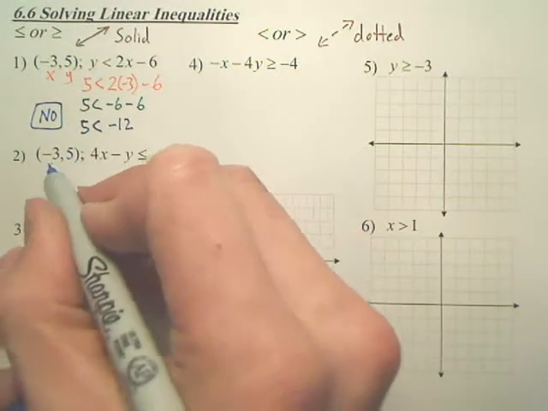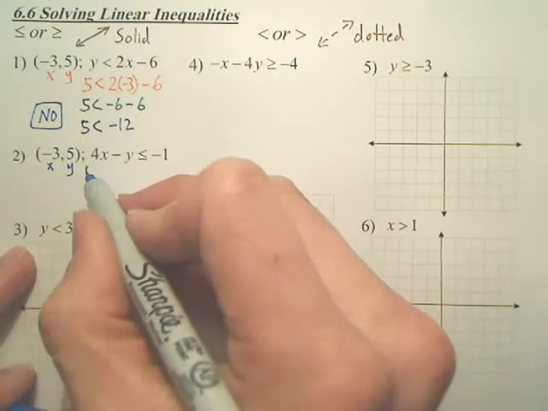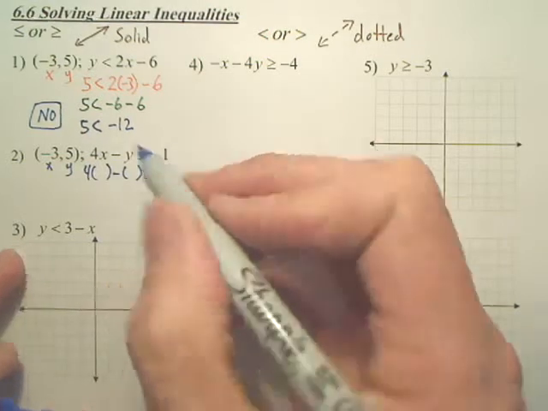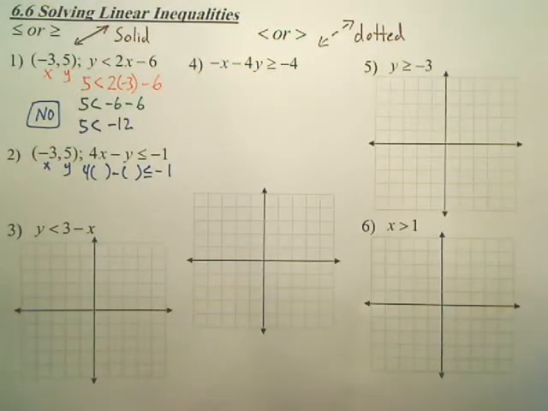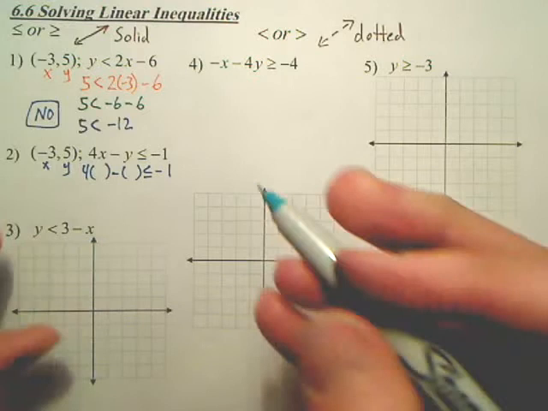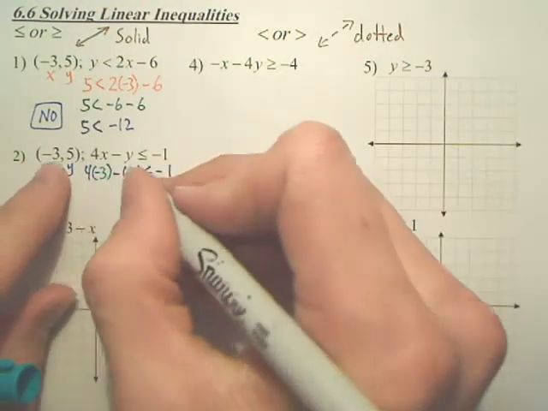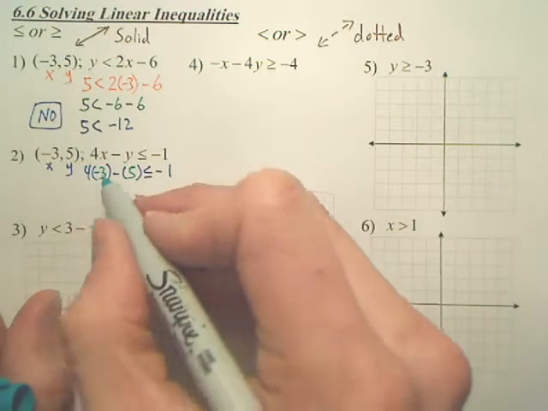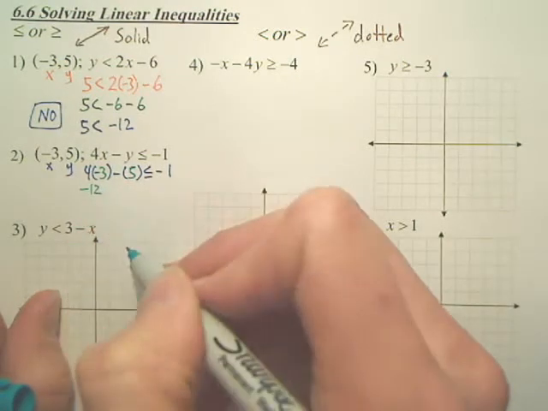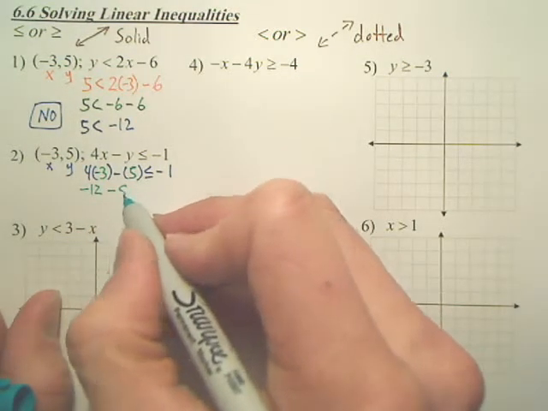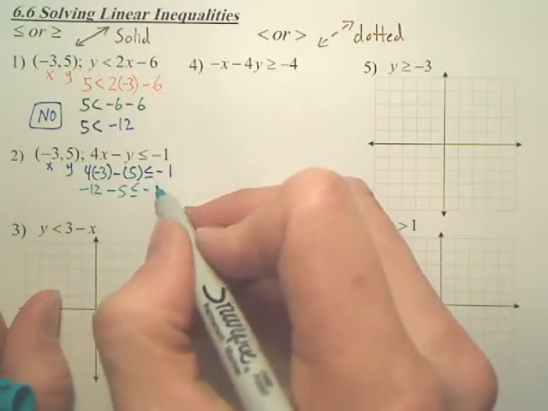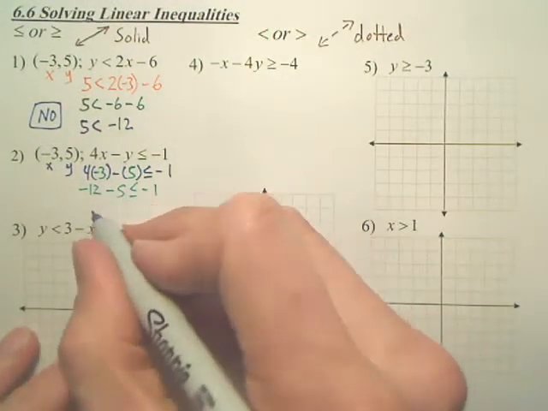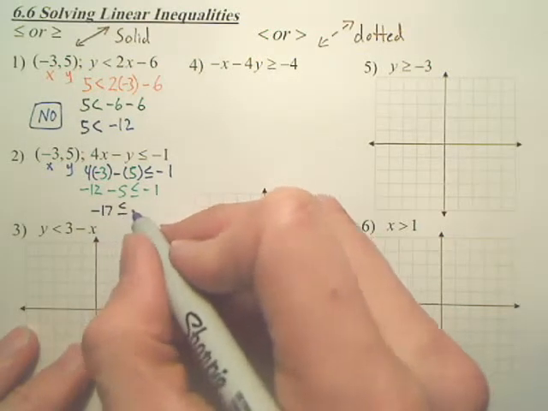Same thing. This is x, this is y. So we have 4 times x minus y is less than or equal to -1. X is -3, y is 5. So 4 times -3 is -12, and -12 minus 5 is -17.